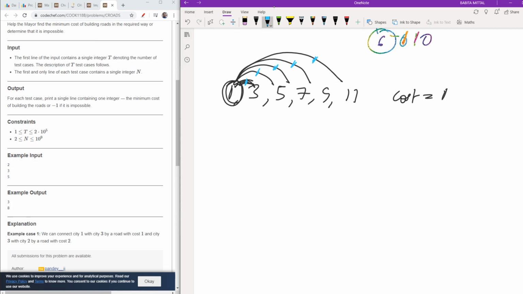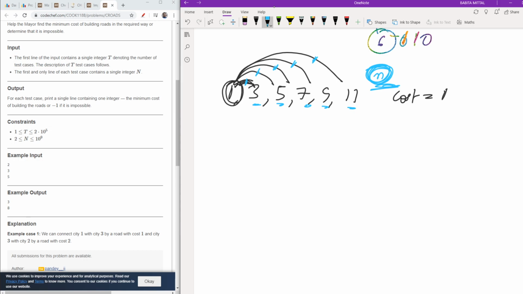So actually if I have a number n, which is the largest number for which I need to find the answer, I will check how many of these numbers there are. If I am able to find out how many, then I will multiply 1 into it, so that I can obtain the cost for this sequence.